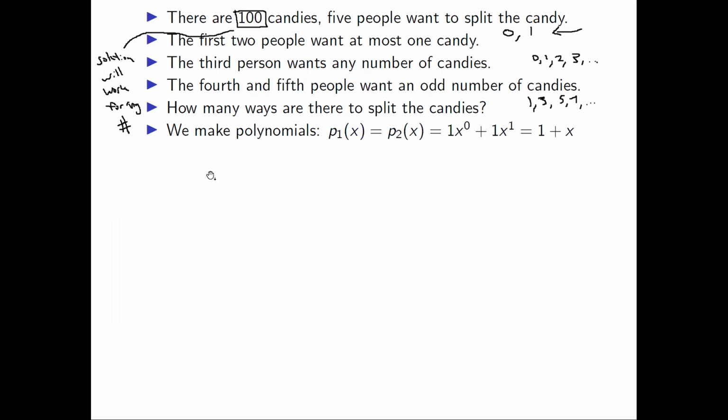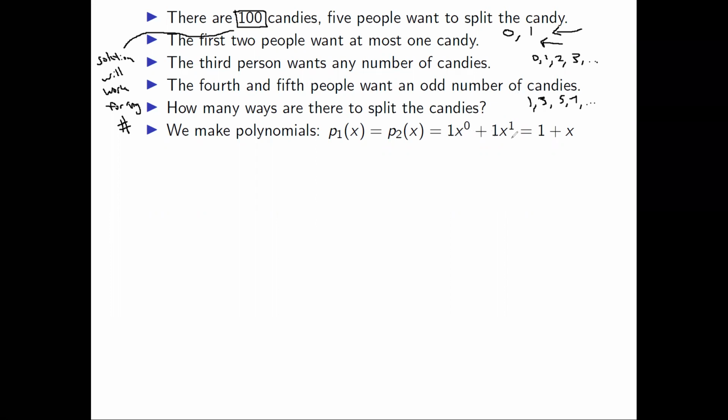Their polynomial is going to be obtained by taking powers of x. The variable of our polynomial is x. And the powers of x that we'll include in this polynomial are only the powers of x that are numbers of candies that these people are willing to take. And the only numbers they're willing to take are 0 and 1. So we have an x to the 0, and an x to the 1. The coefficient next to the x to the 0 is the number of ways that person 1 can get 0 candies.